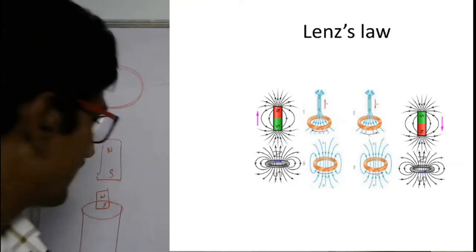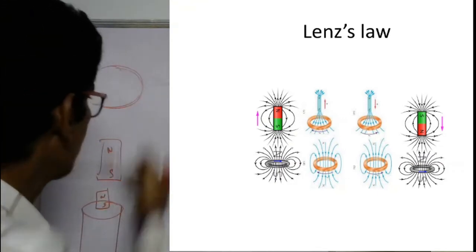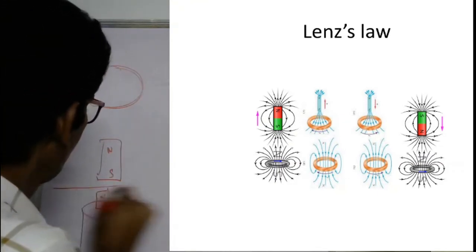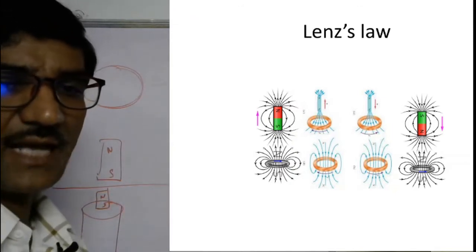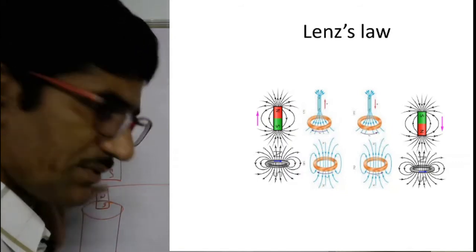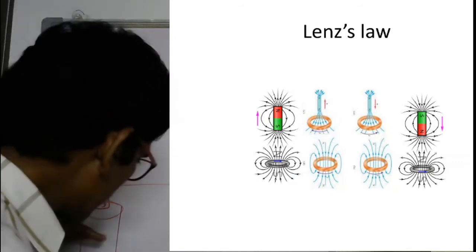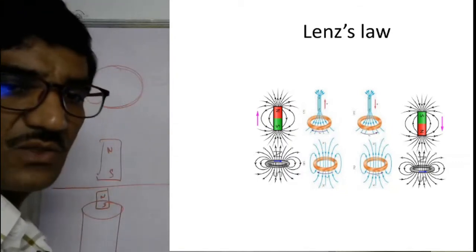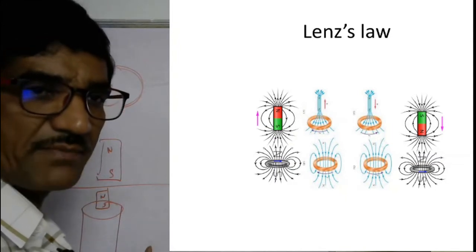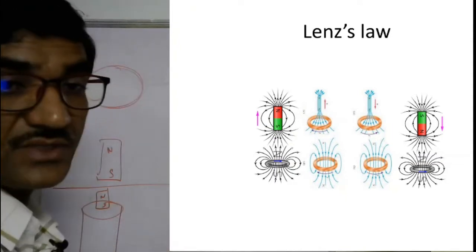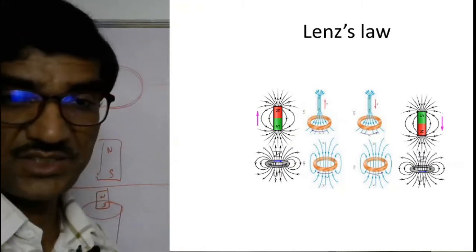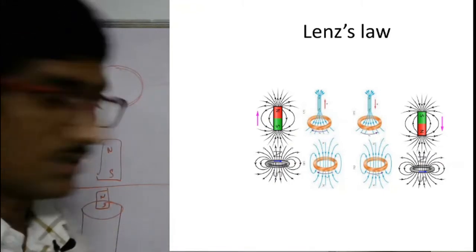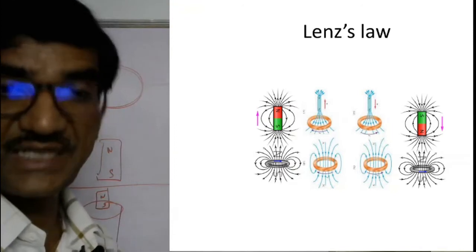Here this is your loop, this is your magnet. In both cases, what happens is, up to a certain extent, this magnet falls inside this loop. But after that, due to the induced current in this cylinder, its motion is stopped. That's why it floats in the middle of this cylinder.